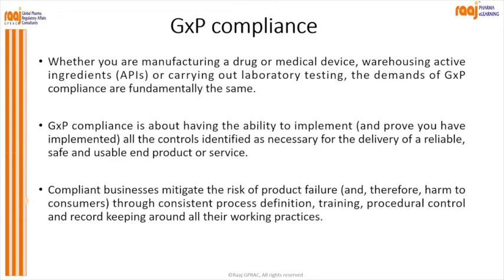GxP compliance is about having the ability to implement and prove you have implemented all the controls identified as necessary for the delivery of a reliable, safe, and usable end product or service. Compliant businesses mitigate the risk of product failure, and therefore harm to the consumer, through consistent process definition, training, procedural control, and record keeping around all their working practices.